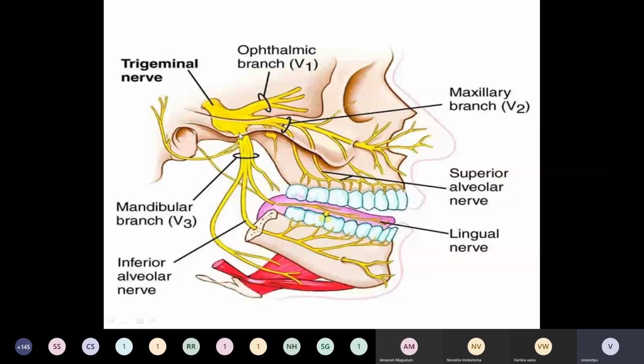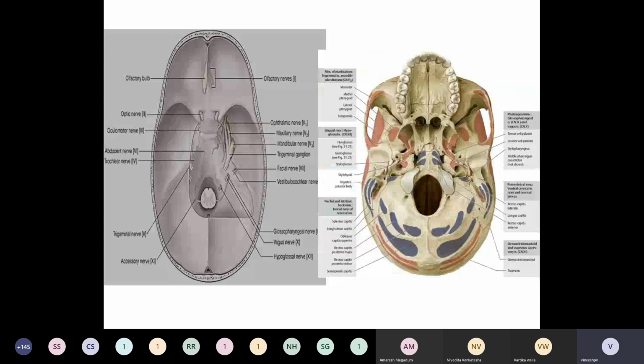In this diagram, it is quite difficult to understand the base or the deep part within the fossa, right? So before seeing where it comes from, this is the cranial fossa. We divide the cranial fossa into anterior, middle, and posterior.